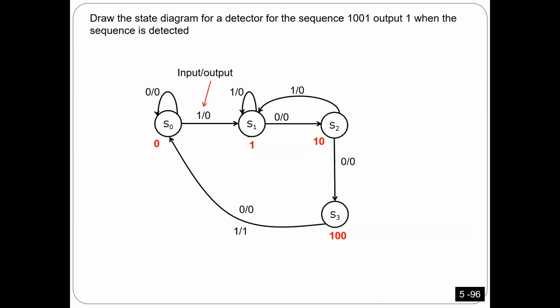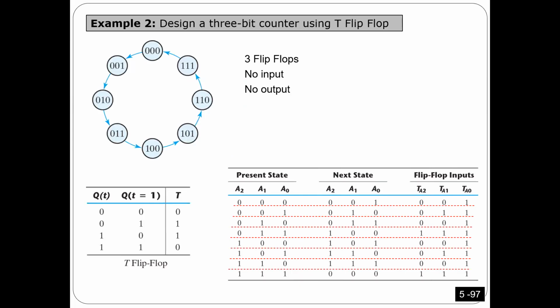Okay. So in example 2 here, I wanna design a 3-bit counter. What does this mean? Very easy. It means you have here a sequential logic circuit. This sequential logic circuit has a clock, and because this one is 3-bit, it has 3-bit output.